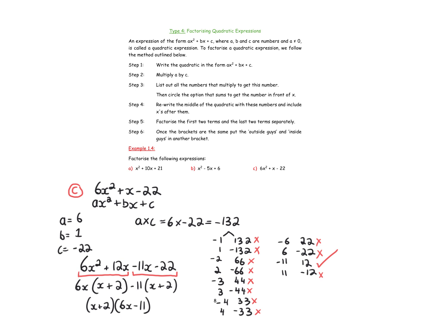Rewrite the quadratic with those numbers in place of b with x's or y's, whatever the unknown or the variable is. Factorize the first two terms and the second two terms, and then you should be able to factorize again after that. And if you can, you've done it correctly.